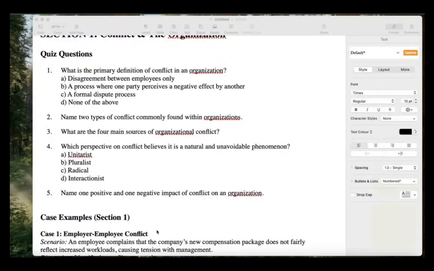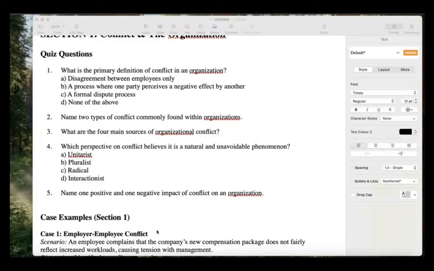The scenario is that the employee complains that the company's new compensation package does not fairly reflect increased workloads, causing tension with management. I want you to take it as a real case scenario, maybe in your situation.